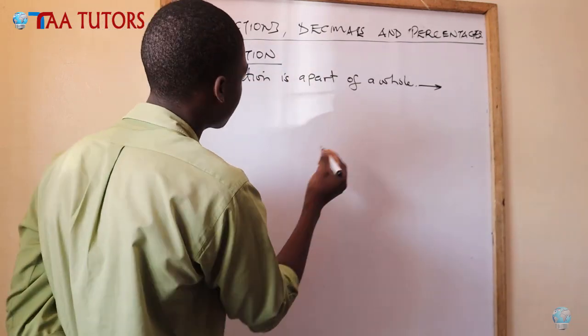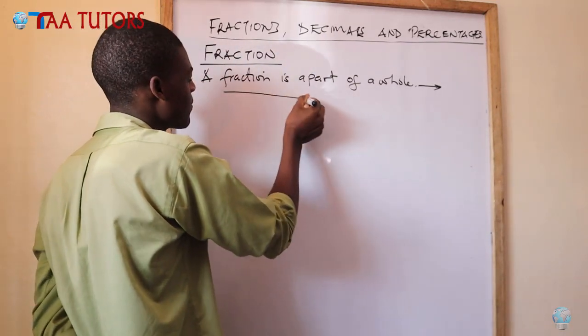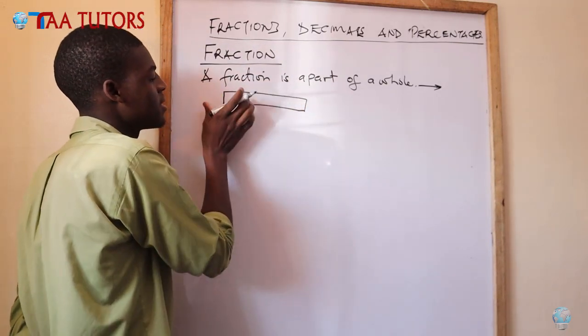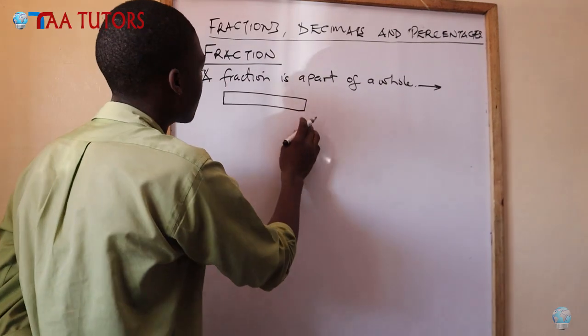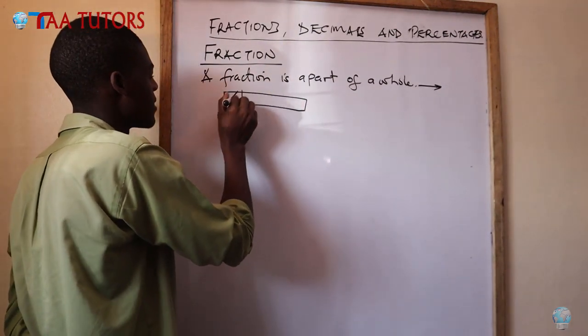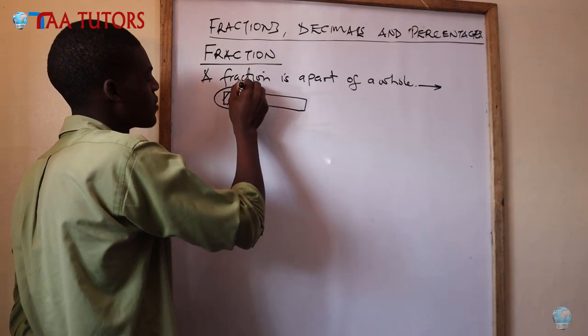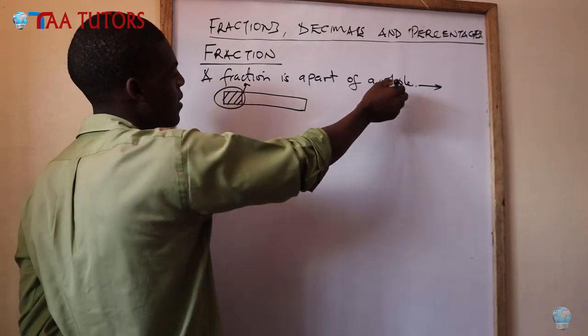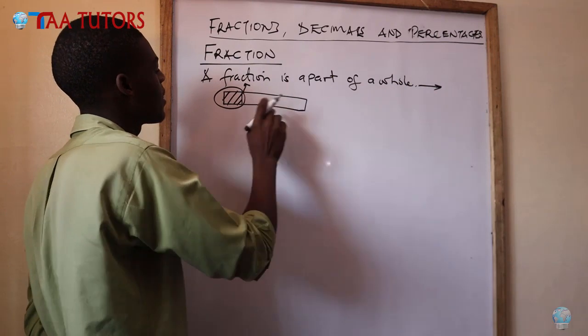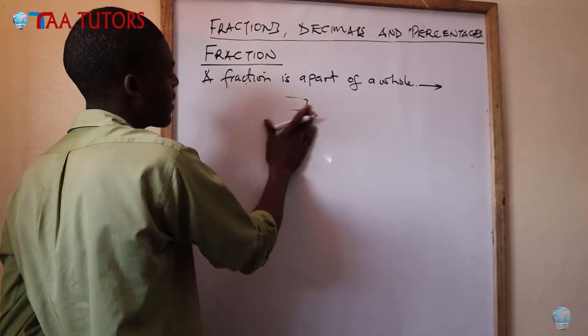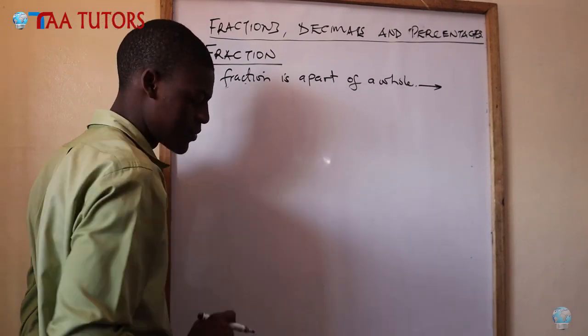But when you take just a part of it, like when we have a bar, this bar, we can say it is a whole. But when I now take this part, the shaded part, this one now becomes a fraction. So when we say a fraction is a part of a whole, it can be anything that is complete, that is whole. We are not required to specify what that whole is.